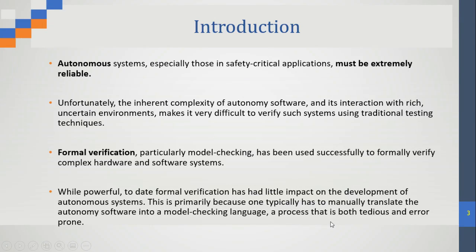Unlike other systems, safety in autonomous systems is a critical issue and the system must be extremely reliable. This is because of the complexity of autonomous systems, and also because autonomous systems are designed to deal with uncertain environments.